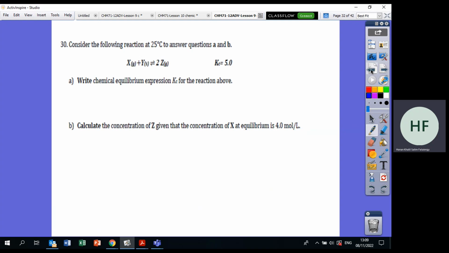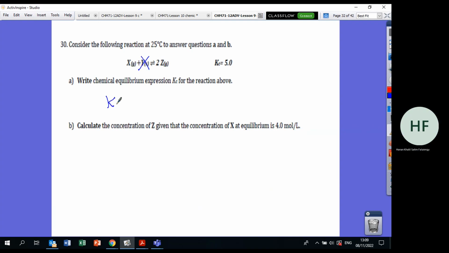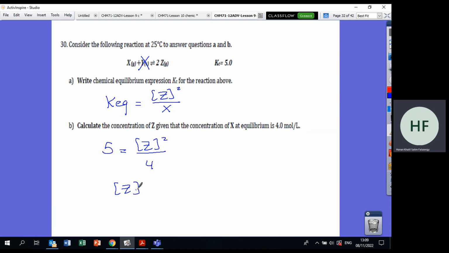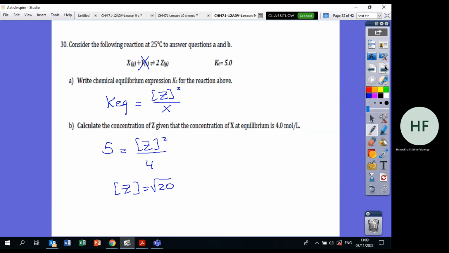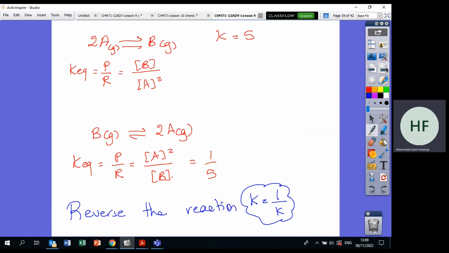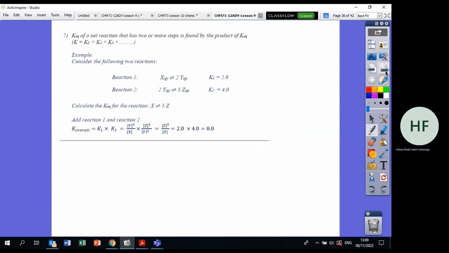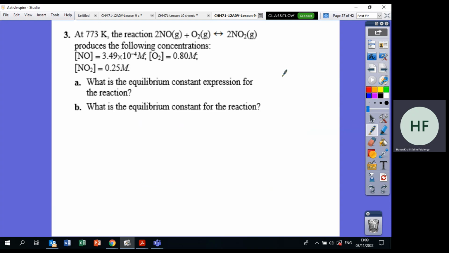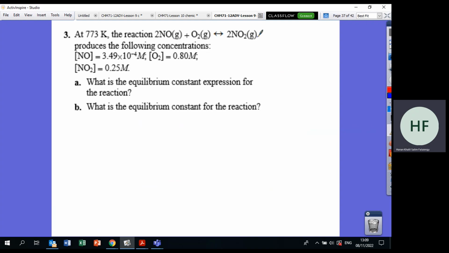Now take a few moments to go through this question and answer it. Okay, let's see if we have more questions. Okay, yalla, let's answer this question. You have this equation. Of course this is homogeneous. What is the equilibrium constant expression, and calculate it by using these values.